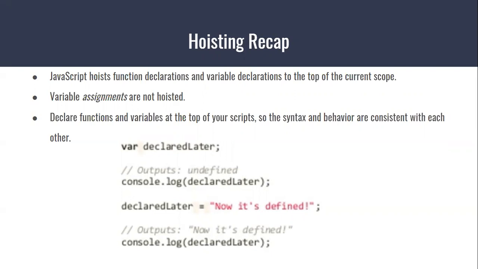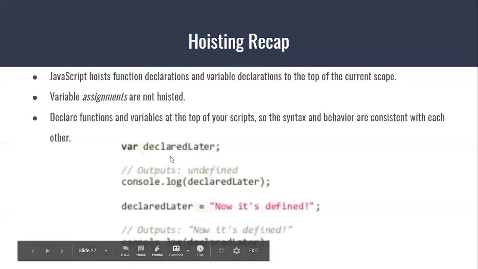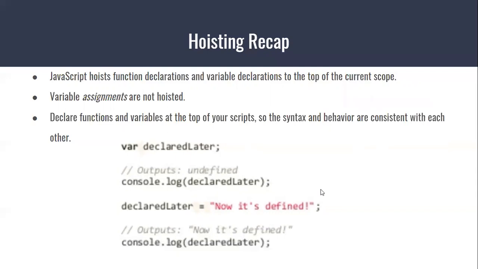So this is saying that these types of things can happen, but the best practice to avoid this behavior is to always declare your stuff at the top. That way you can assign it and you don't get into any weirdness, right? So declarations at the top, then you use the assignments later, or you use them later. You don't have a situation where you're doing that type of thing, right?